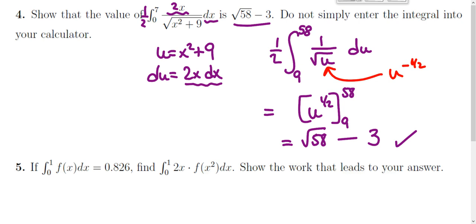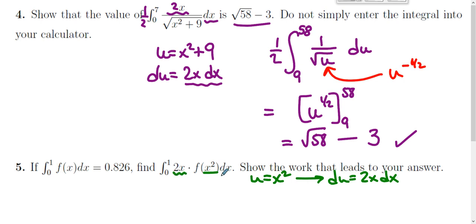I asked this question on a final exam in years past, and you would be amazed how many students were unaware that this thing in parentheses made a really good u. Because if that's u, then du is derivative of that dx.